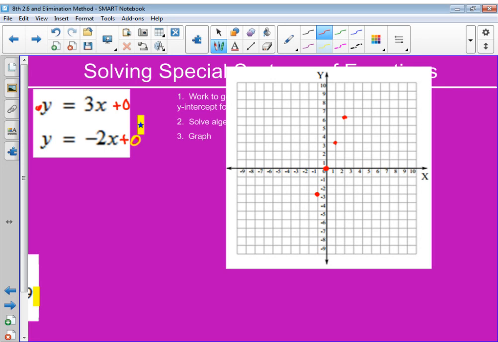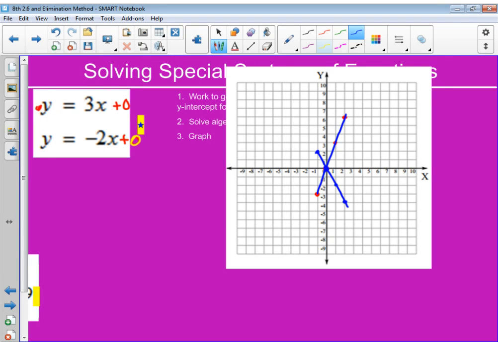Okay, so there's my line for the first one. My second one would look like this. We would start here, but then I would go down 2 over 1, down 2 over 1. So you'll notice that they intersect here.